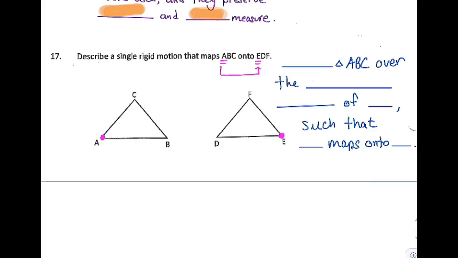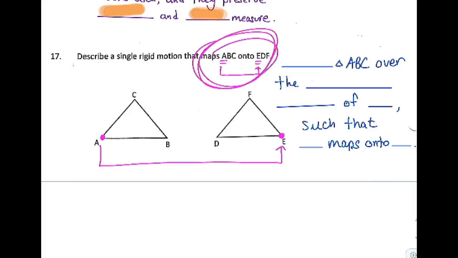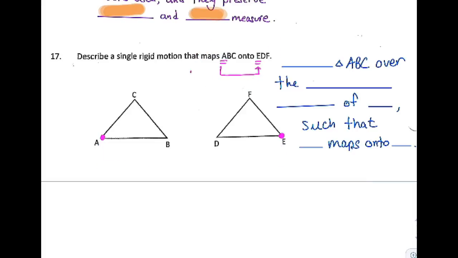And number 17, the last one. This looks like it could be a translation, except for the fact that A ends up mapping onto E, which is way over there. And we know that because of the original statement right there. So this looks like it's going to be a reflection informally over a line somewhat like that.